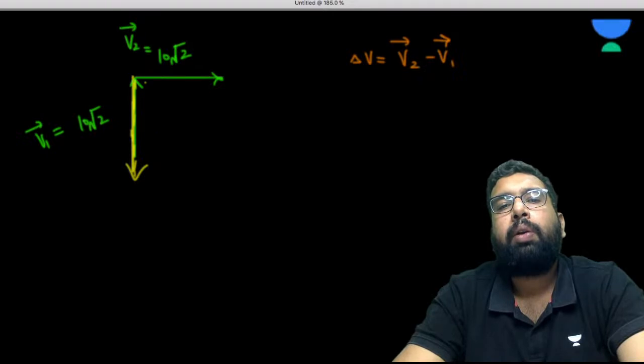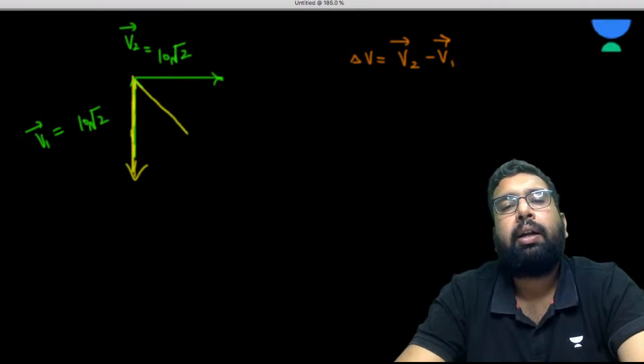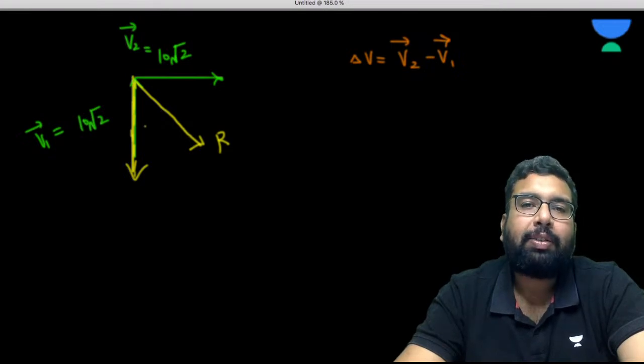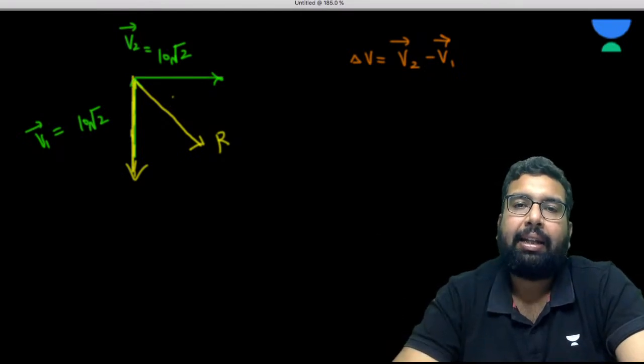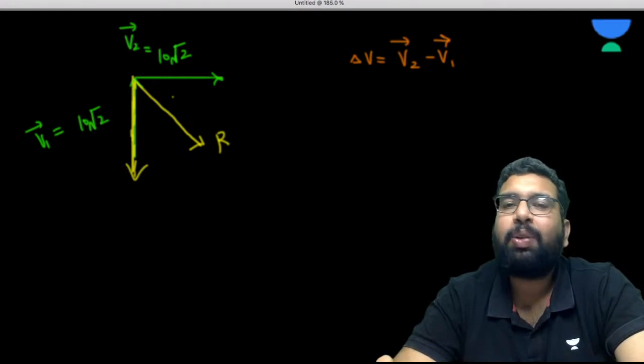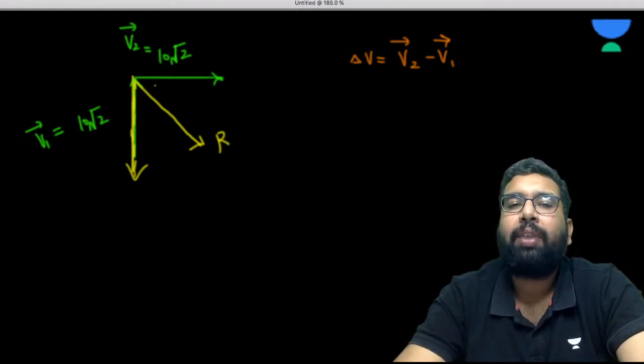So now from here, we can say that the resultant is in this direction. And we can use some hacks also. Remember, when two vectors are equal, their resultant will be exactly in the middle of those two vectors, so it will be 45 degrees.